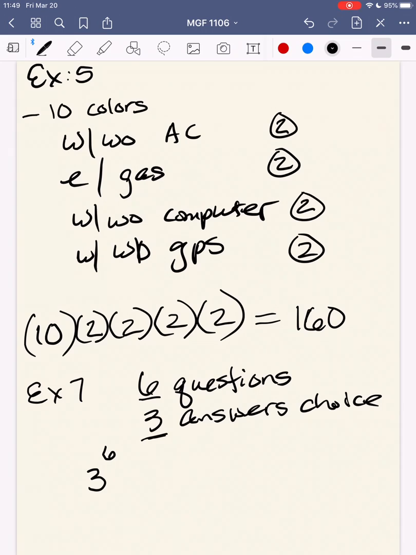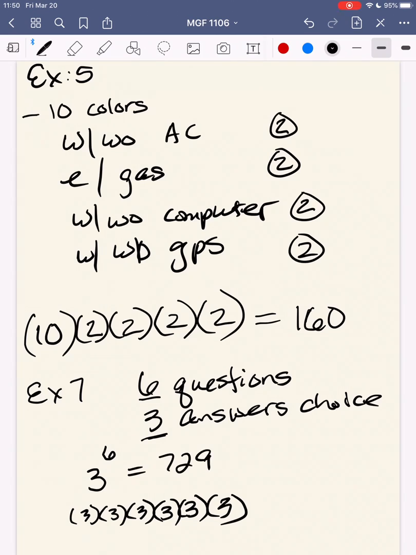Or I could sit and multiply it 3 times 3 times 3 times 3 times 3, and I get one more. That's kind of tedious. So if I know each of these 6 questions has 3 choices, I can write it like this and get 729, and you'll get the same if you multiply it all out.